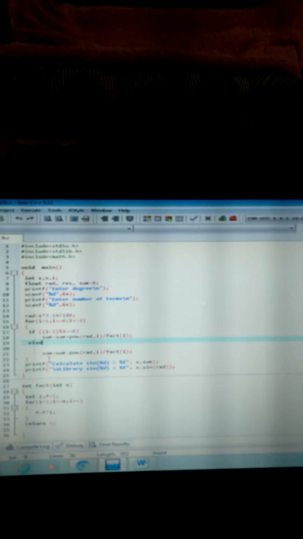If this is not equal to 0 here, then sum is equal to sum minus power of radians to i divided by factorial of i. That is, we have to take only positive values. Then print the calculated value of the x, that is angle, according to Taylor series and according to library.